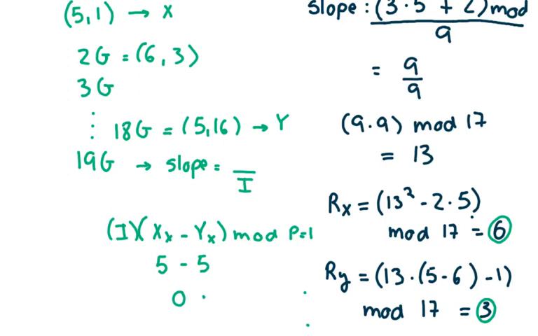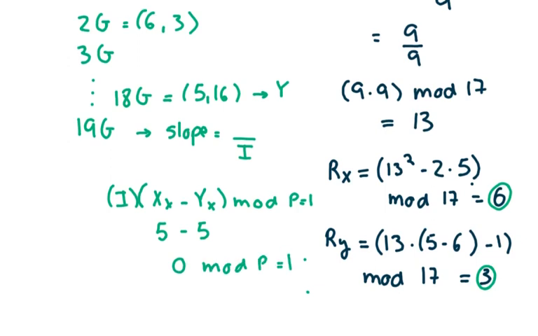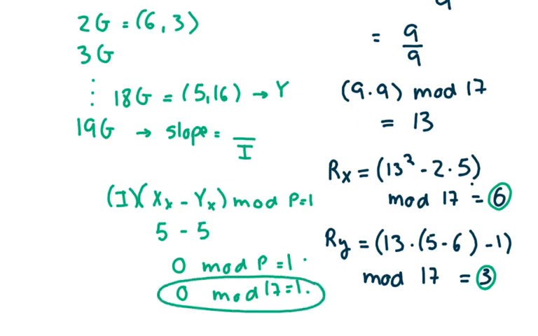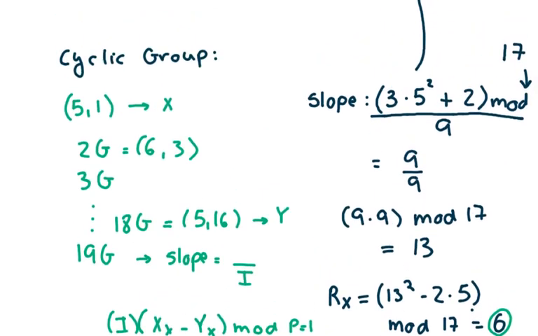So 0 mod p is equal to 1, or 0 mod 17 is equal to 1. And that's not accurate. 0 modulo 17 is equal to 0, not 1. And since this is inaccurate, when this becomes inaccurate, you know that you have computed your point at infinity, and you know that that's the end of your cyclic group. So you know that this 19th point is where your cyclic group ends.